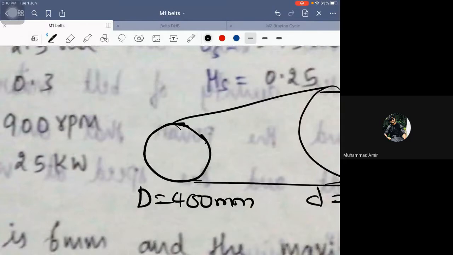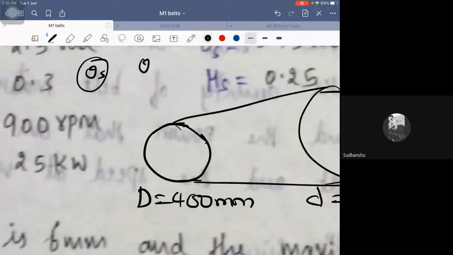Sudhanshu? Yes, sir. What is angle of contact? What is this theta S? What do you mean by theta S and theta L? The angle between the two belts, which is connected to the gear.